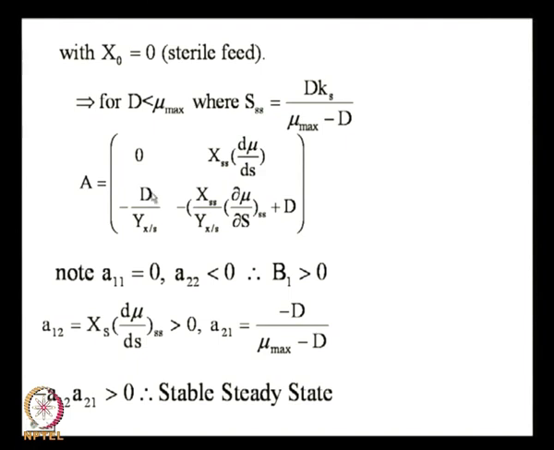Now, d is positive, x is positive, y is positive, and del mu del s is positive. So obviously this whole thing is positive. So this criterion is satisfied. Look over here, A22, this number has to be less than 0. This is positive, this is positive, this is positive, this is positive. So obviously the negative of the whole thing is negative. So this is also satisfied automatically. Clear? So both criteria are automatically satisfied, and as a result this steady state is stable.